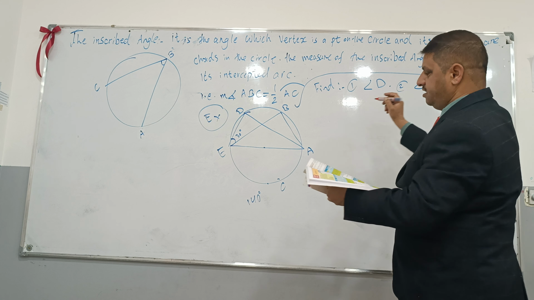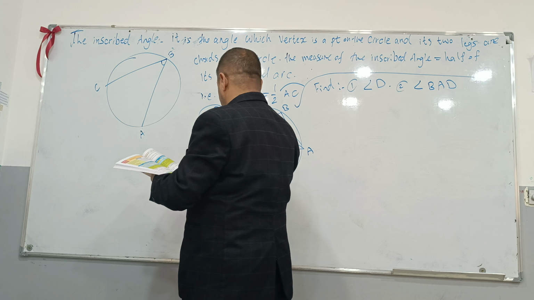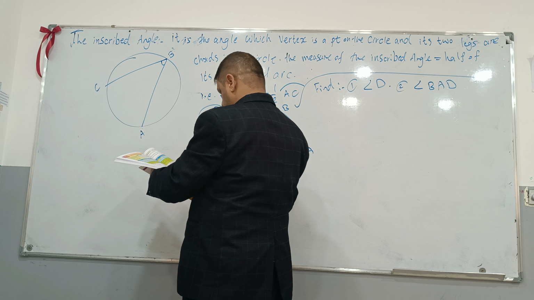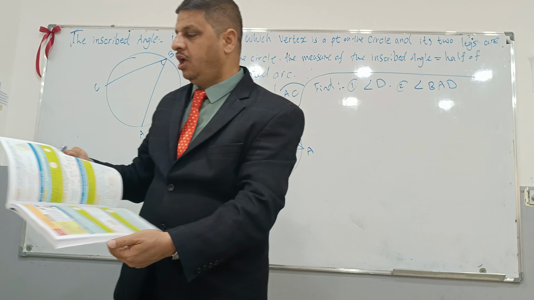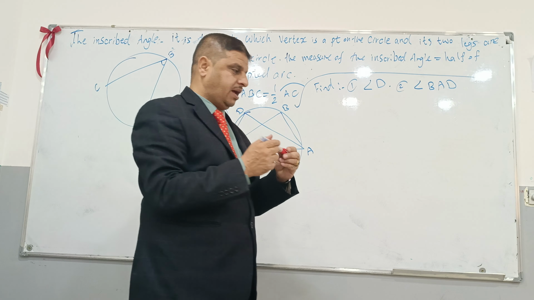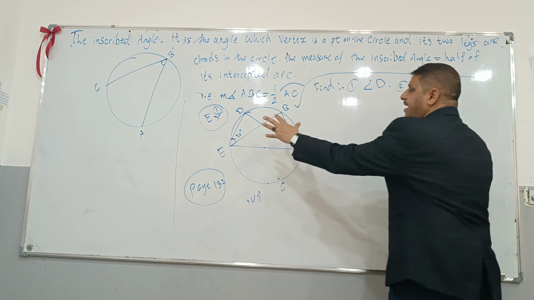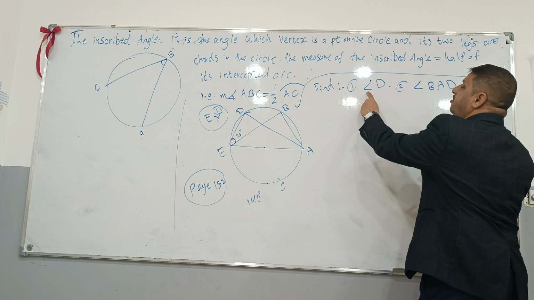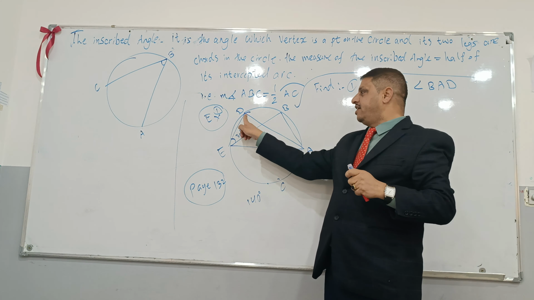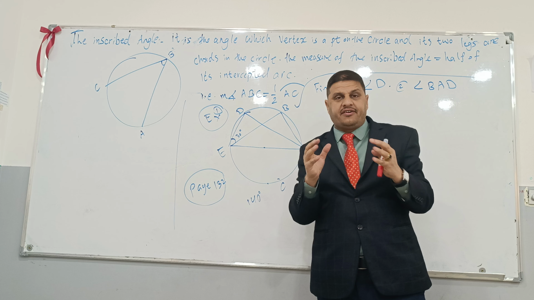Of course, this is example 1, page 132. How to solve this example? Focus with me. He has given me this shape, saying find the measure of the angle D. It is an inscribed angle.